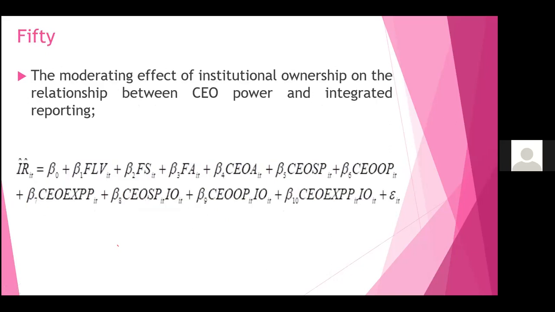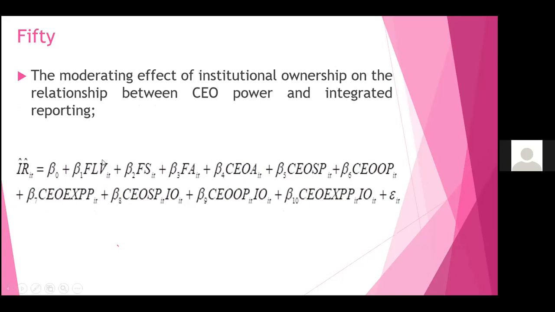Then to test the moderating effect of institutional ownership on the relationship between CEO power and integrated reporting, I will have integrated reporting here, and then bring in the moderation: the CEO structure power, the CEO ownership power, the expert power, and institutional ownership.